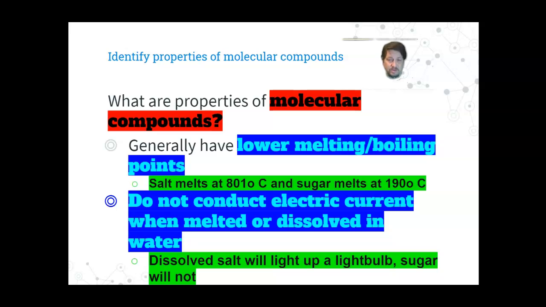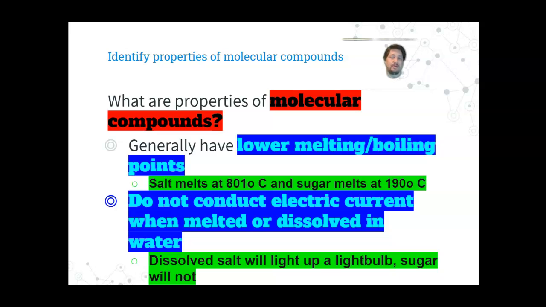An easier way to do it, salt melts at 801. Water melts at, I'm sorry, 0 degrees Celsius. So there's a big difference there. And then molecular compounds, opposite of the ionic, do not conduct electricity.